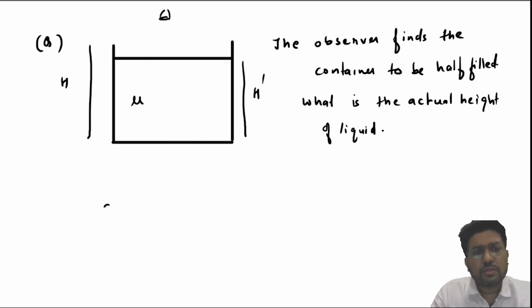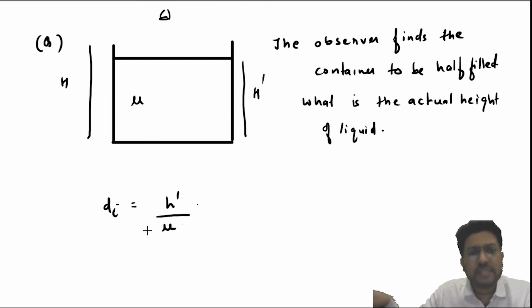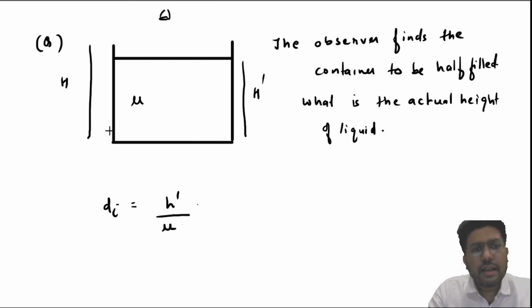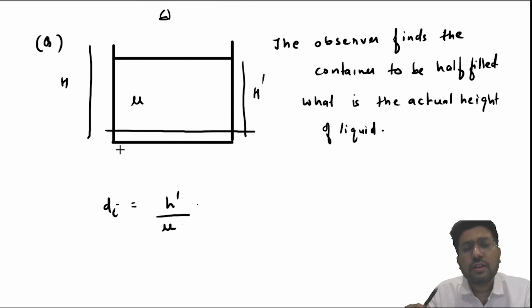You know that Di is equal to h dash divided by mu, because there is only one liquid. If there was more than one liquid, then D1 by mu1 plus D2 by mu2 plus D3 by mu3. Here, because there is only one liquid, I will write Di is equal to h dash by mu. So the base apparently is at this position according to the observer.